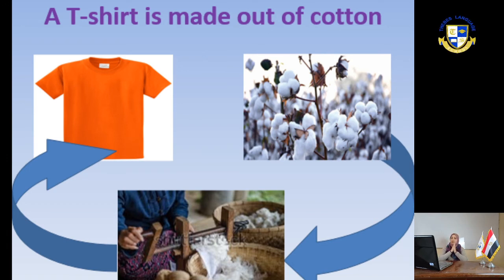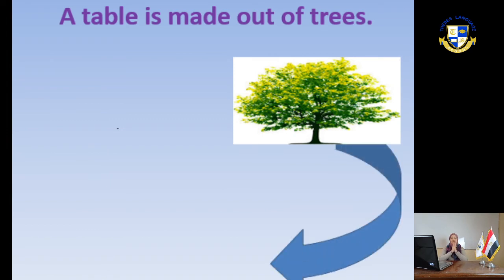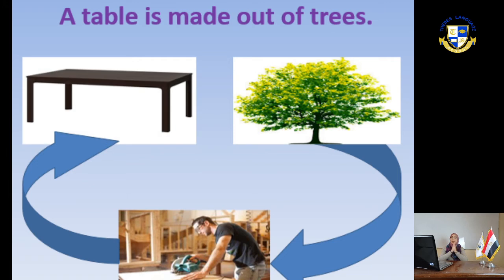Let's see the life cycle of another product in slide number 6. For example, a table. A table is made out of trees. So the trees here are the resource for the table. What can we take from trees? We can take wood. We take wood from the trees and cut it into different shapes and different sizes, and then the carpenter uses this wood, cuts it and forms shapes.